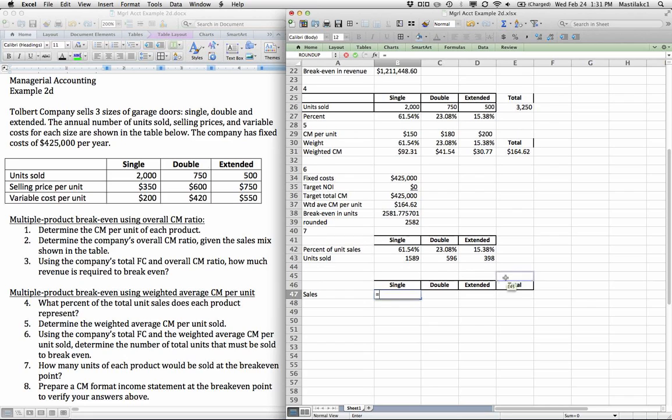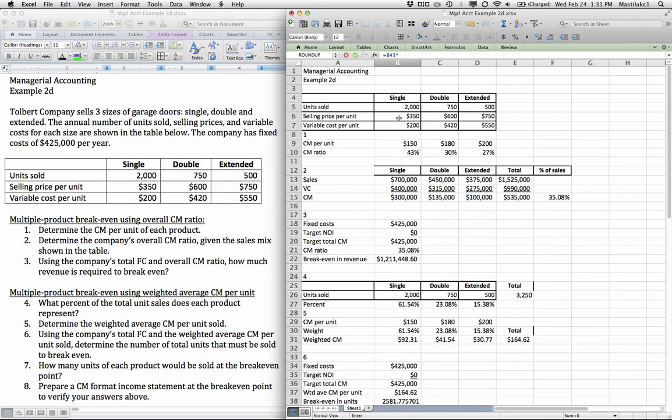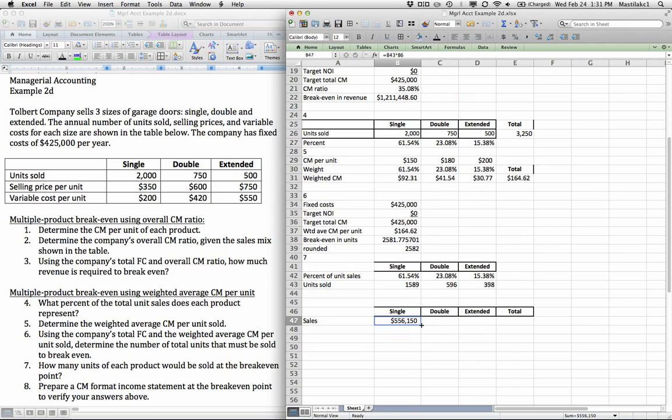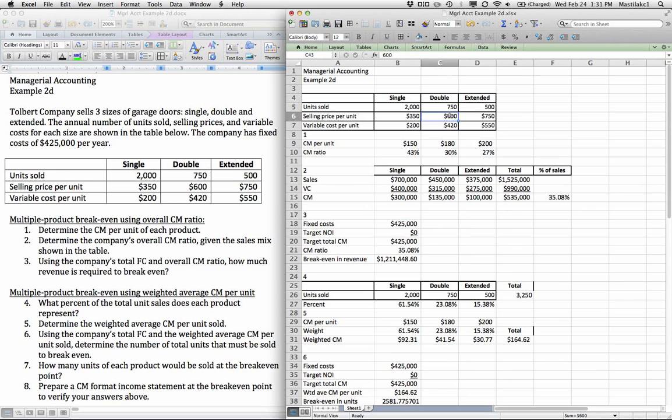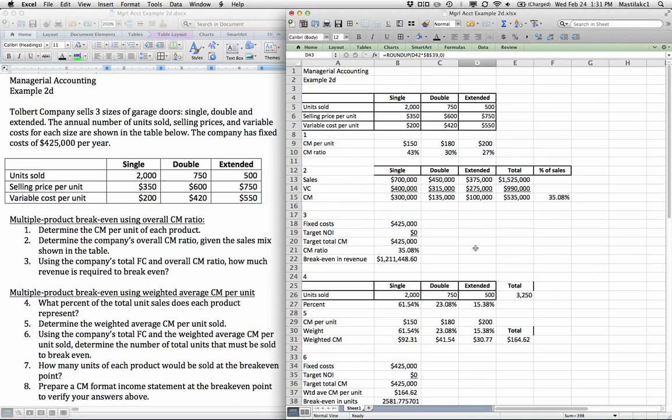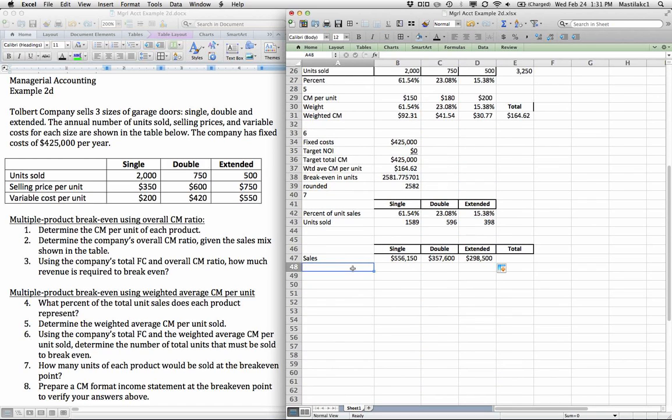What's our sales revenue going to be? It's going to be 1,589 units of single times the selling price per unit of $350. Same thing with double and same thing with extended: 596 double units times $600 per double, and 398 extended units times $750 of selling price.